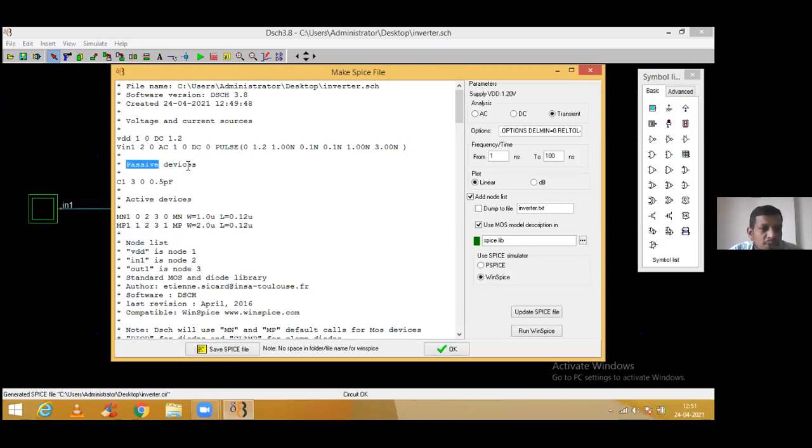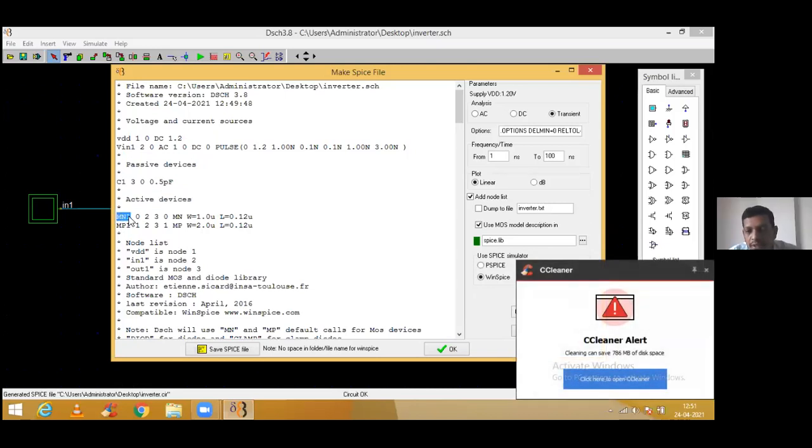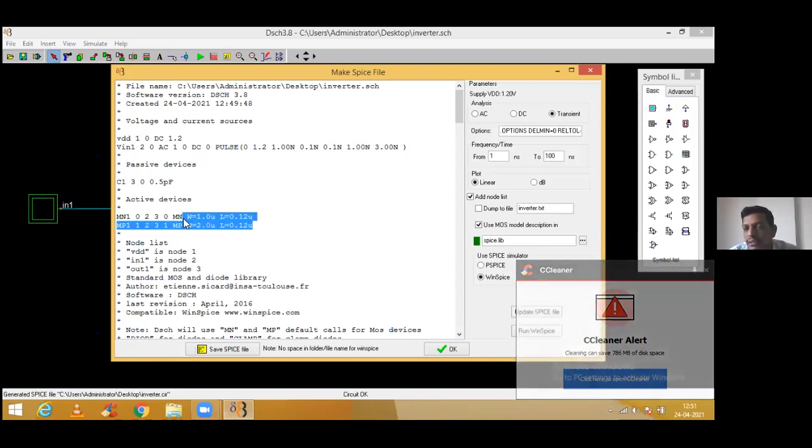Along with that, the passive device we use is the capacitance, with a value of 0.5 picofarad. That you can easily understand and read. And there are 2 active devices, which depend on current: MN1, an NMOS transistor, and MP1, a PMOS transistor, whose width and length are given like this. Are you getting this?